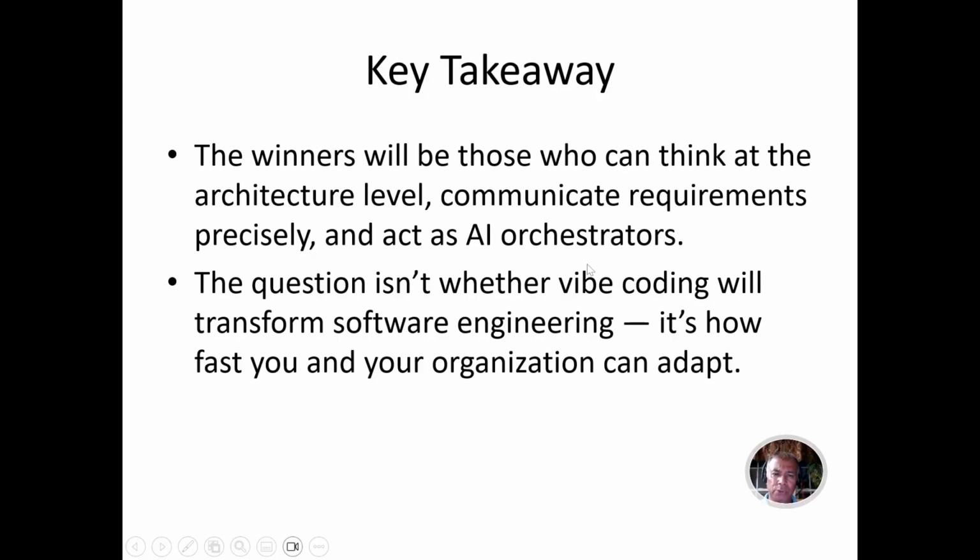So the key takeaway: the winners will be those who can think at the architecture level, communicate requirements precisely, and act as AI orchestrators. The question is not whether vibe coding will transform software engineering, it is how fast you and your organization can adapt.